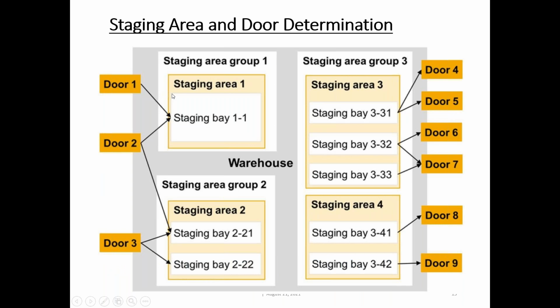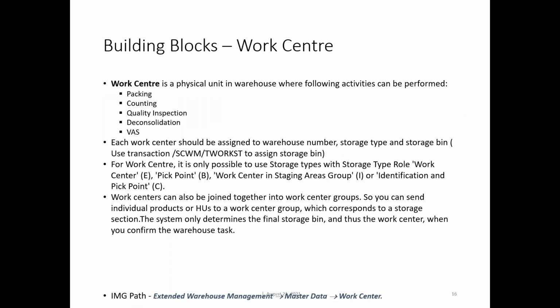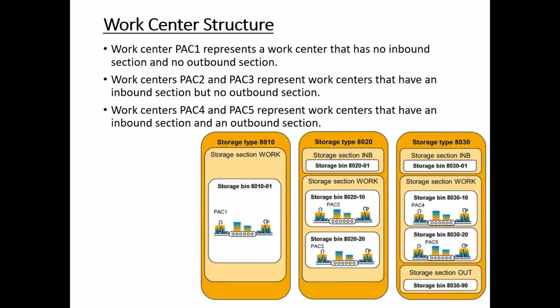And then you have an option to link the staging area and door together in case you have a specific preference in the warehouse based on the structure and the goods movement. The work center is where you are doing the additional activities, the quality inspection, counting, packing, etc., other than your regular picking and put away.